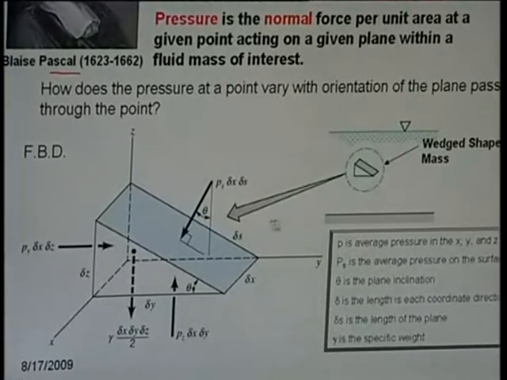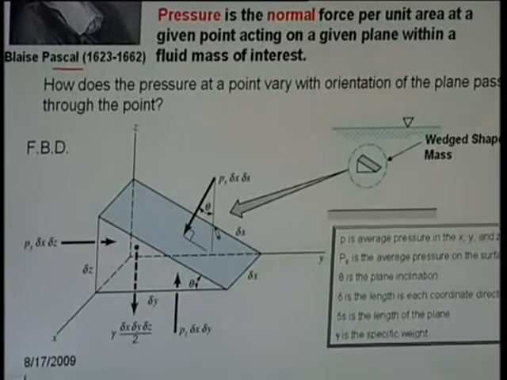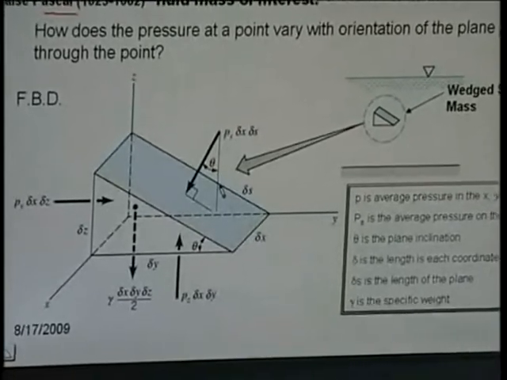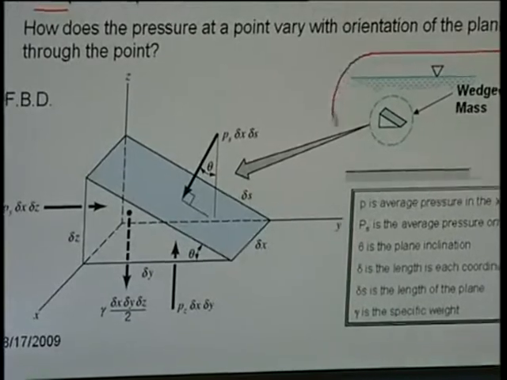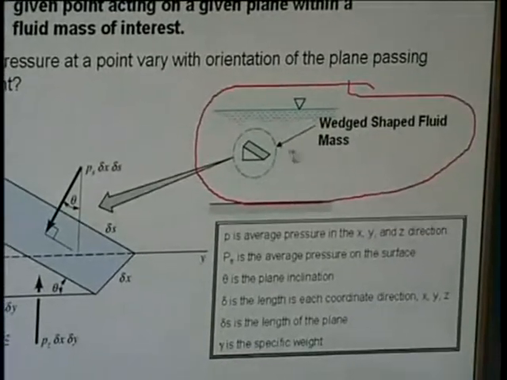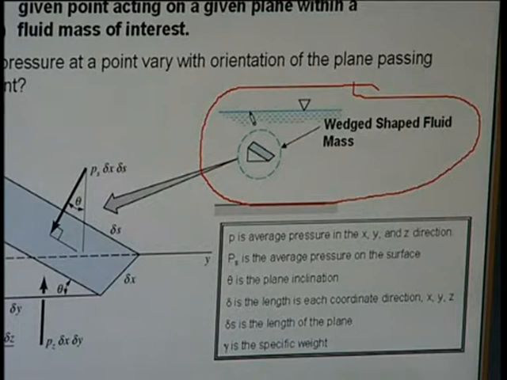Now to understand this further, we will do a small analysis to prove that pressure in a static equilibrium condition is the same in all directions. We have this figure. Look at this figure. We have a liquid filled up to this level, which is known as the free surface.